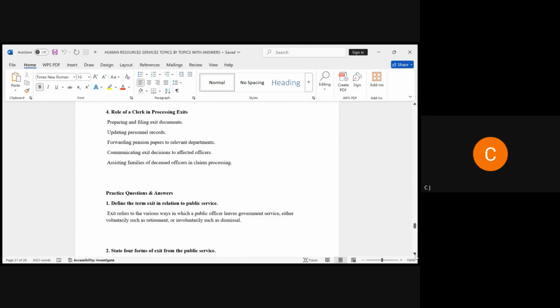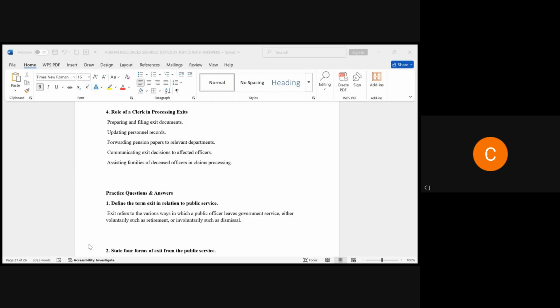State 4 forms of exit from the public service. The first one is retirement. Yeah, nimeona Veronica amesema retirement. You have death. Another one, resignation. Another one, dismissal.